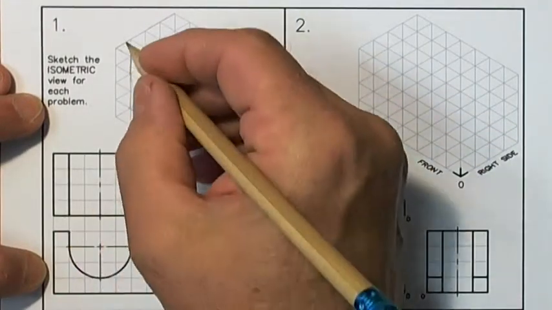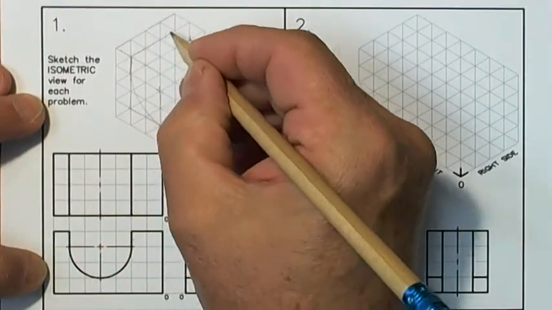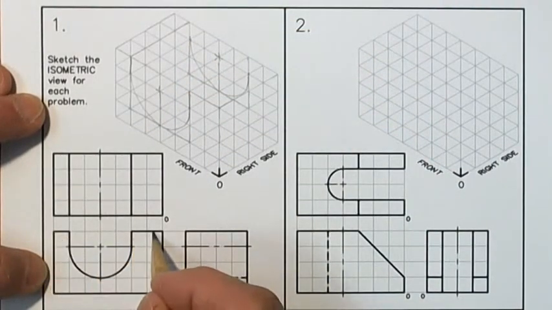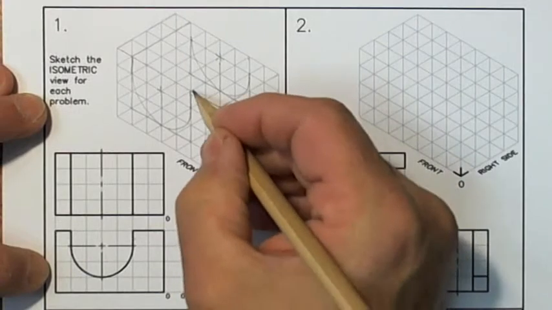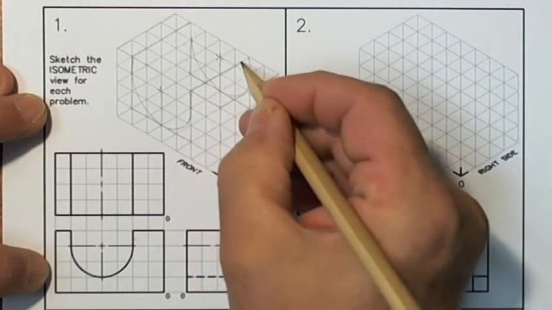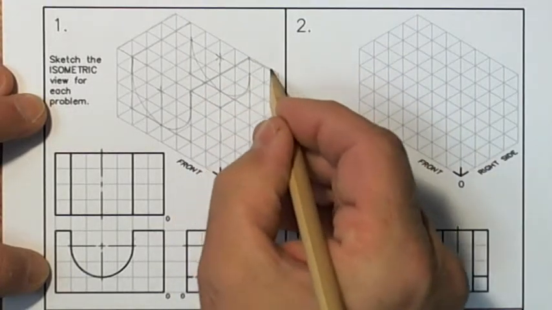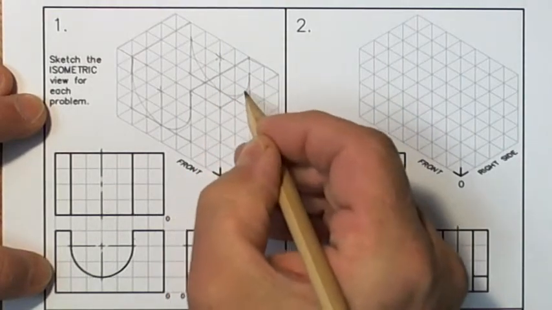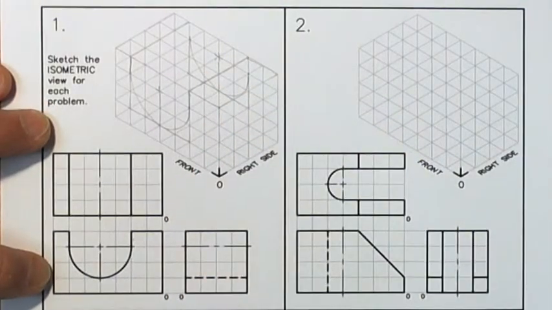The top surface is only 1 wide on this side, but it is 2 wide here, and so that becomes the top surface. This part of the rear elliptical shape will not be seen.